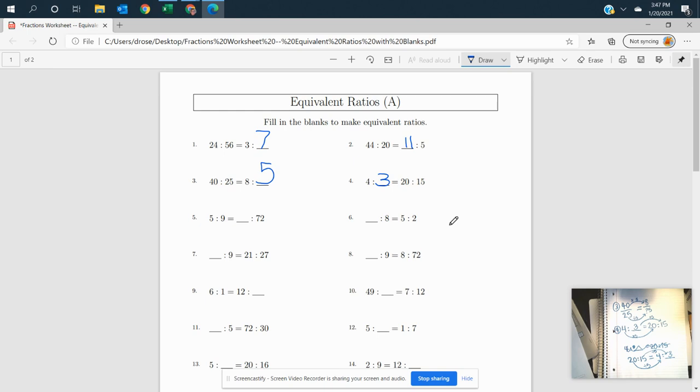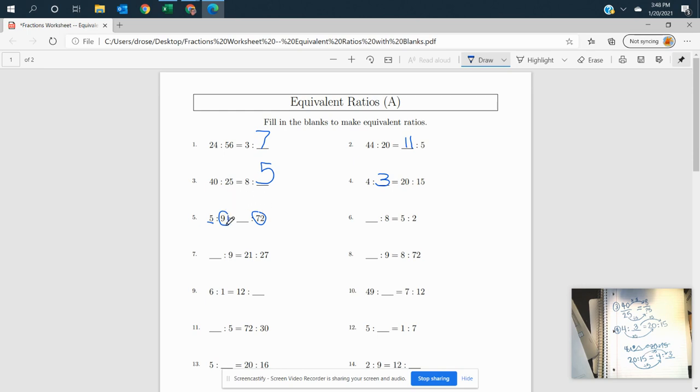Okay, so now I'm going to switch to the worksheet here. You can kind of see my pen drawing. So I'm going to try to show you right on the worksheet how to do it. So we're looking at 5 to 9 is equal to what to 72? I'm going to look at the two numbers that I do have. I have 9 and 72. I'm going to ask myself, how do I get 9 to become 72?